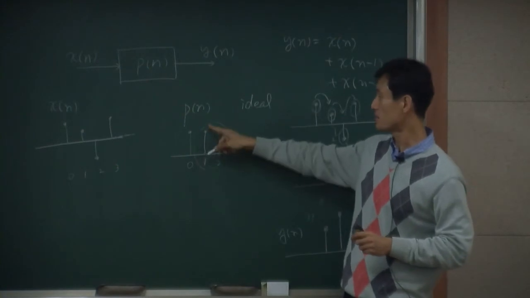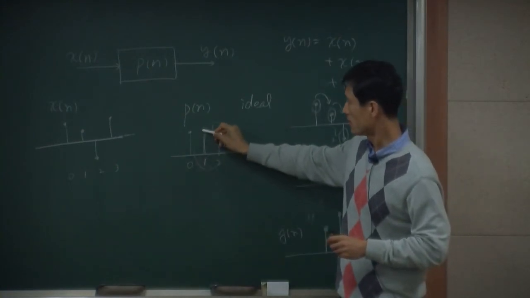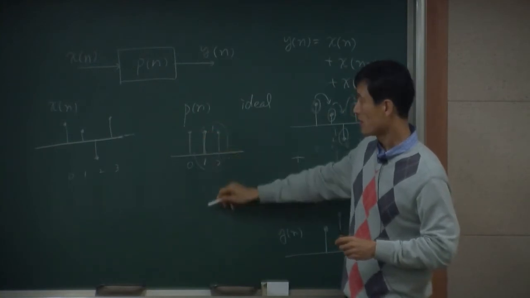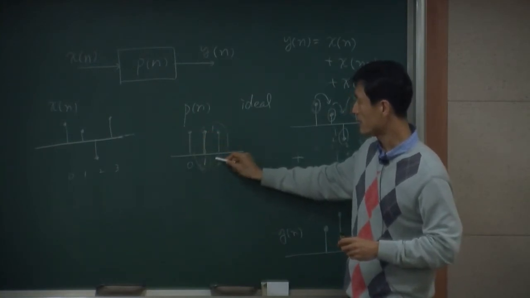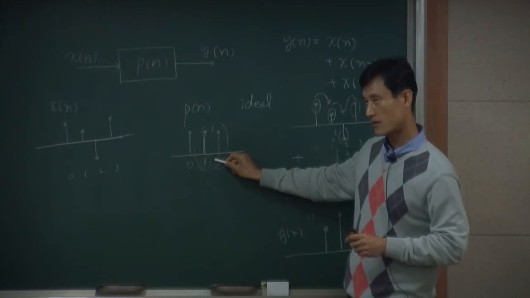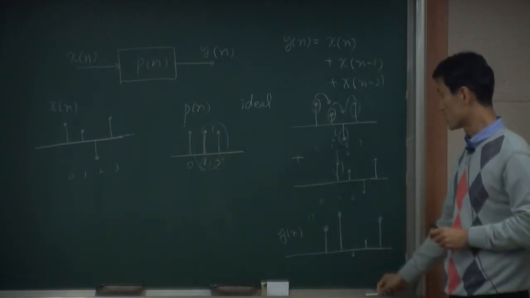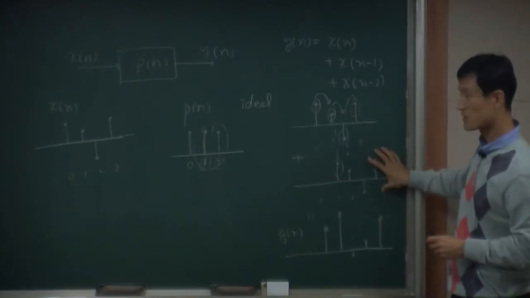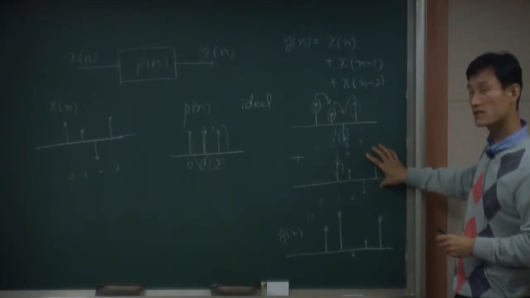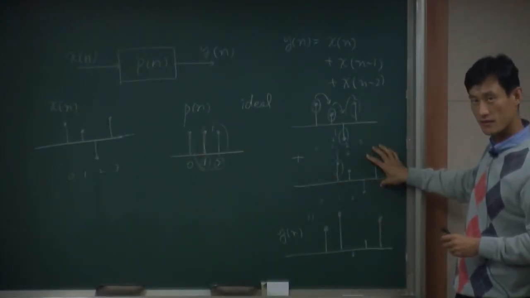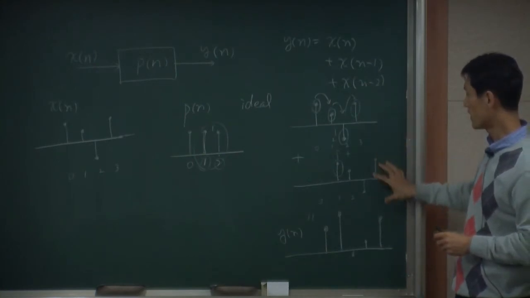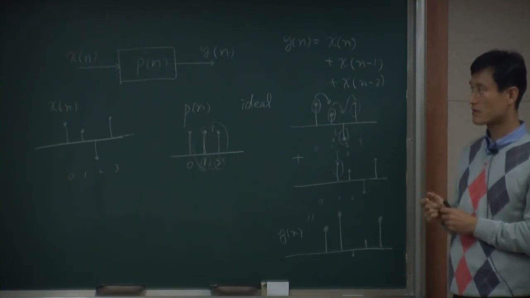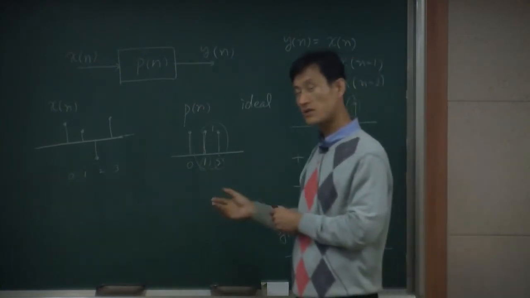We have multiple taps, like 3 taps, and each tap has a different delay. So because of that, when you have two taps, we get 2 outputs like this. But this one has a different delay, right? Therefore, we are going to get this kind of intersymbol interference. So this is a very bad one.